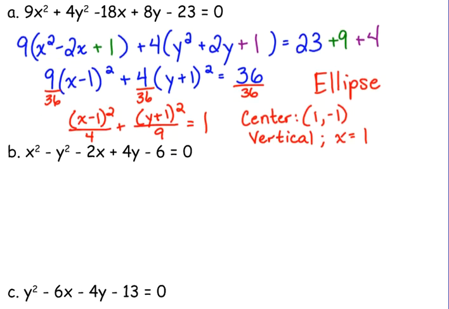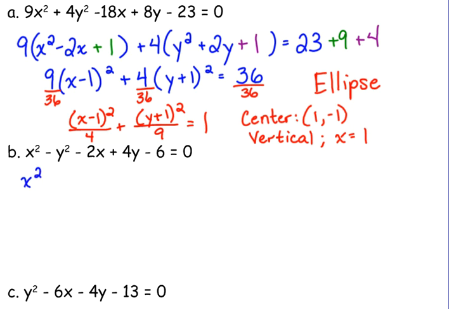Let's do B. Okay, let's do B. X squared minus y squared minus 2x plus 4y minus 6 equals 0. Does anybody have a hypothesis as to which conic section this one's going to be? Okay, let's find out, because nobody sounded very confident about that. So let's see here.